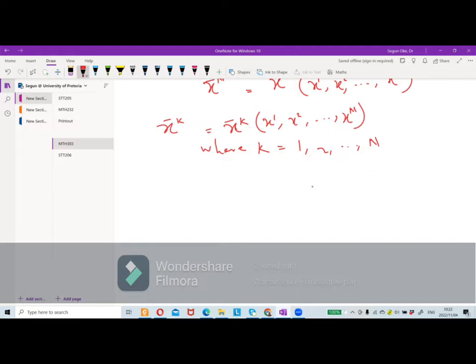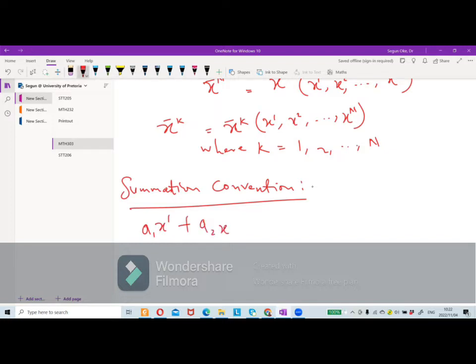But in case you are asked to write the summation convention, the expression can be in this form: a1 x1 plus a2 x2 plus aN xN.